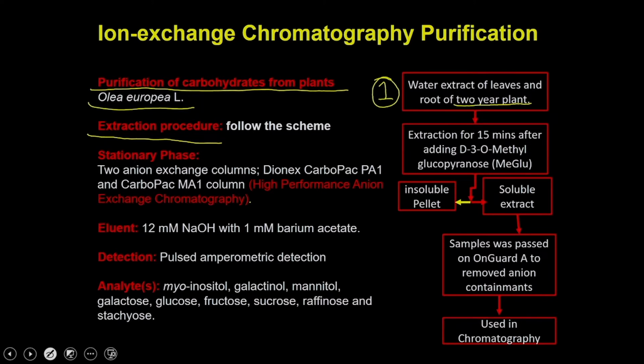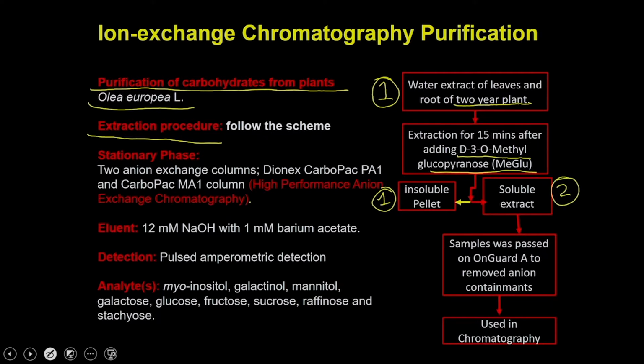It should be up to a 2-year-old plant. Then you extract the watery extract with the D30 methyl glucoside for 15 minutes. After that you are going to get two fractions: the insoluble pellet as well as the soluble extract.